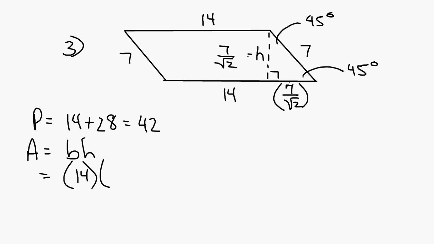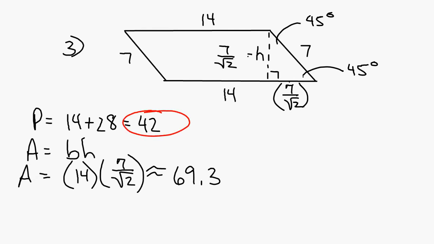So the area of the parallelogram equals 14 times 7 divided by the square root of 2. And that is equal to 69.3. So perimeter 42, area 69.3.